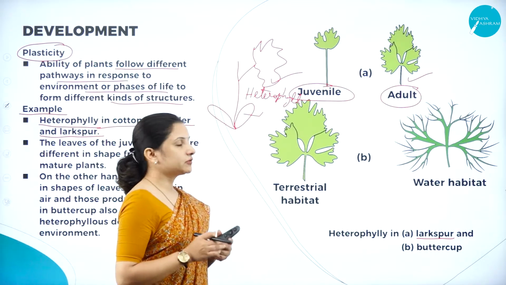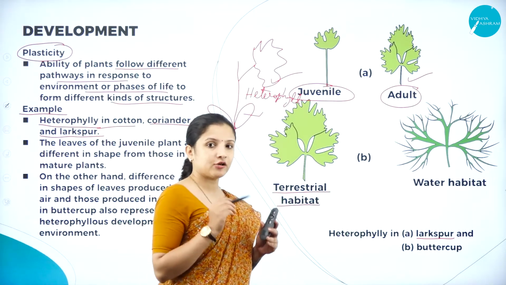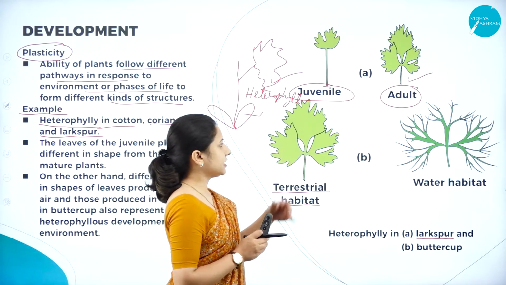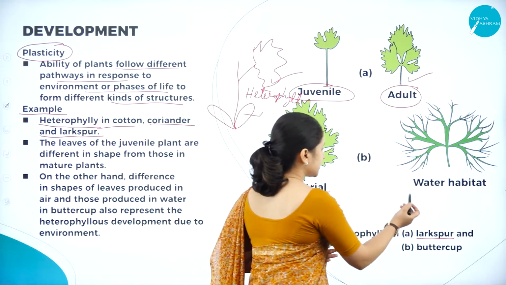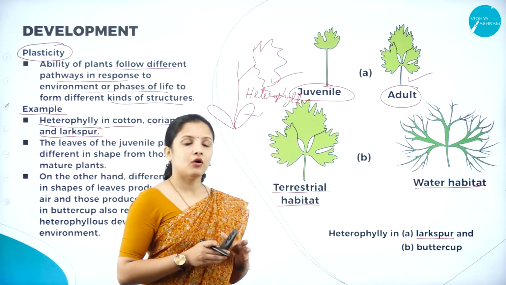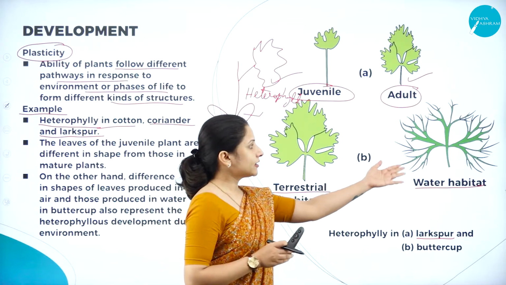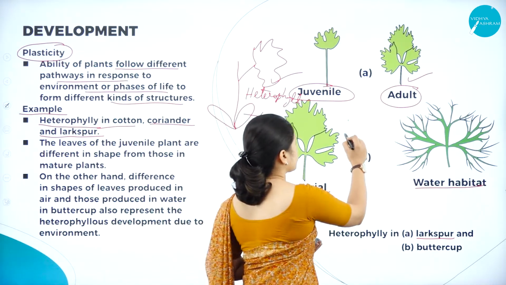If buttercups are growing in a terrestrial habitat, completely on land, then the shape of the leaf is like this. And if the same buttercup is growing in a water-logged area or in water, then the leaves look completely different. So this is also heterophily.